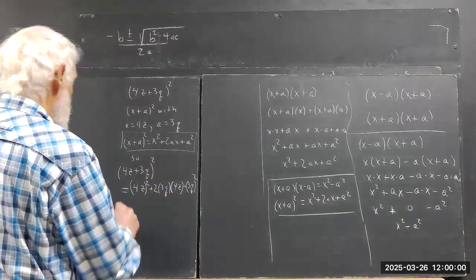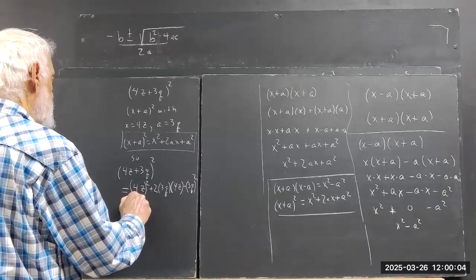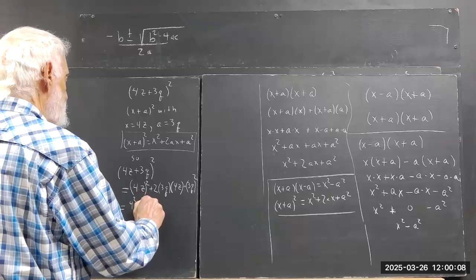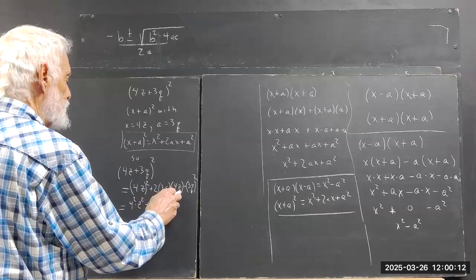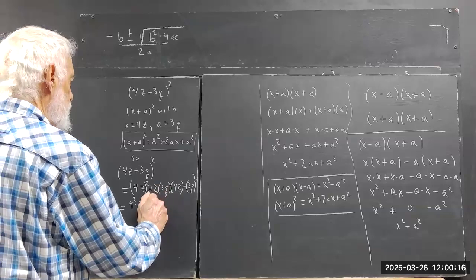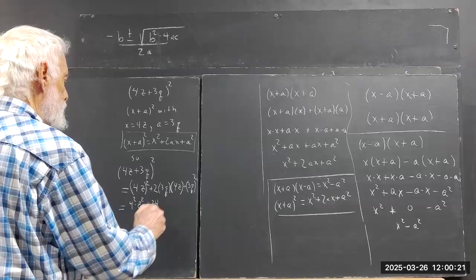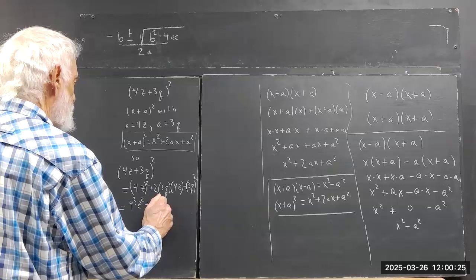And then we can simplify this. 4z squared is 4 squared times z squared. Now 2 times 3 is 6, and 6 times 4 is 24. Looks like we should have 24, and then it's q times z.